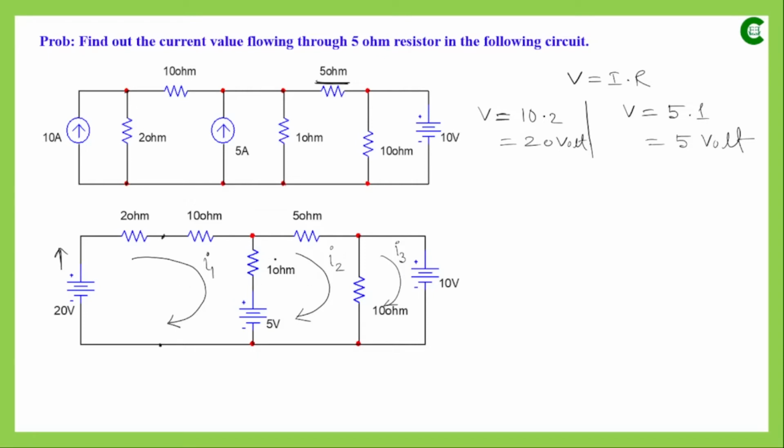Now the identification of the individual loops is done, and we have already assumed the current values for these loops and their directions. Now in every individual loop, we will apply the concept of KVL, or Kirchhoff's voltage law, and develop voltage equations.